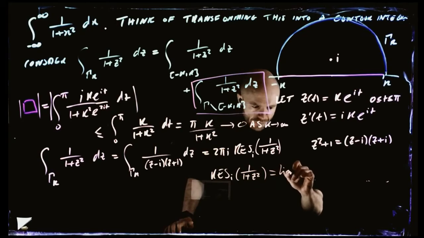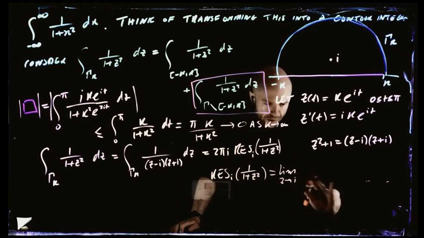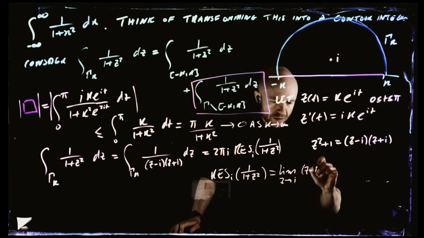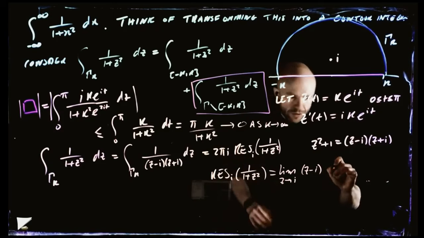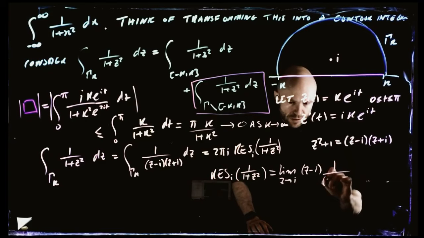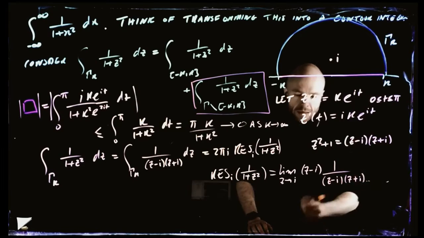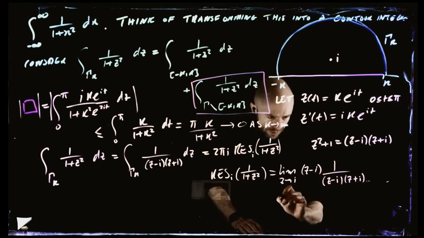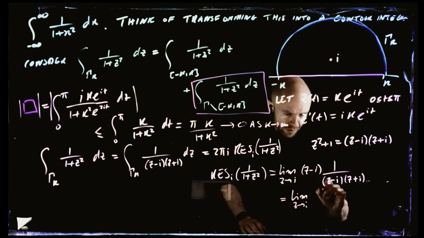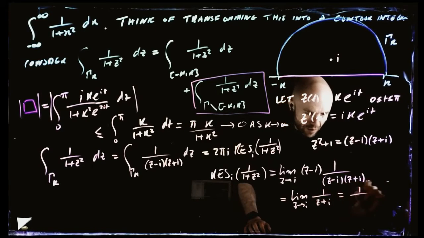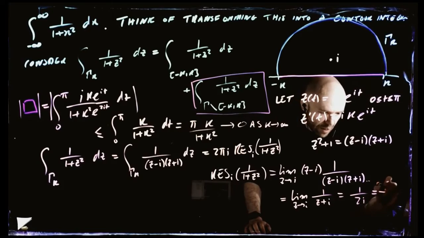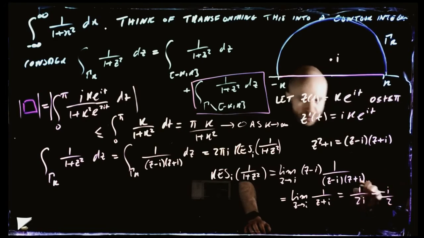is the limit as z goes to i of z minus i times this function. And we write the function as z minus i, z plus i. And then the z minus i's cancel. So this is just the limit as z goes to i of 1 over z plus i, which is just 1 over 2i, which is just minus i over 2.